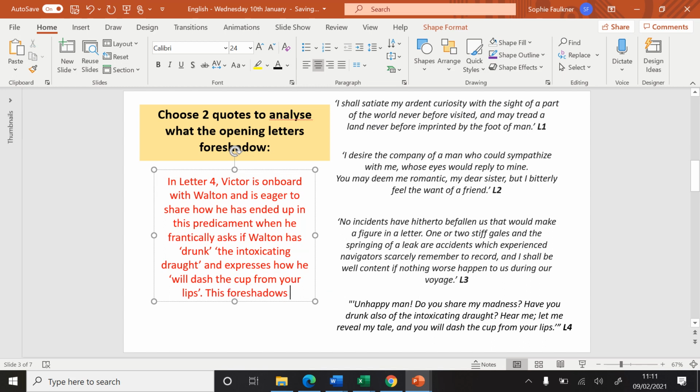So here is where I'm going to unpick my quote a little bit, and you're going to do the same process in a second for 2 other quotes. So the idea of dashing the cup from his lips means that once Wharton understands what has happened to Victor, he will not want to drink this intoxicating draught anymore.